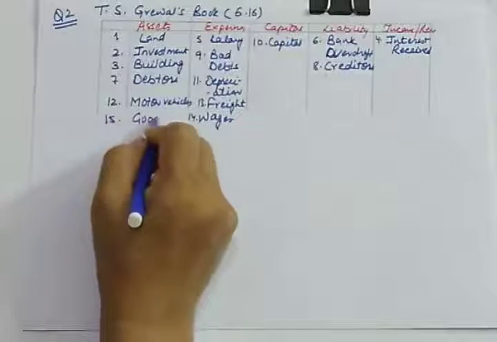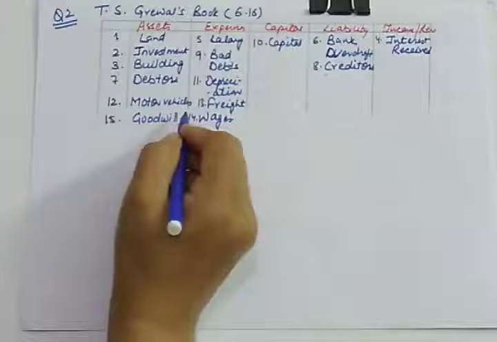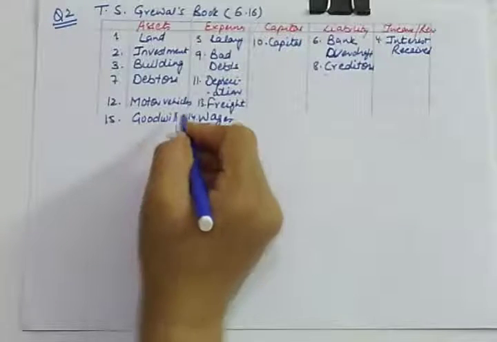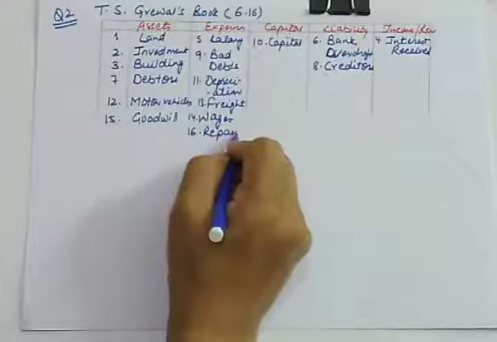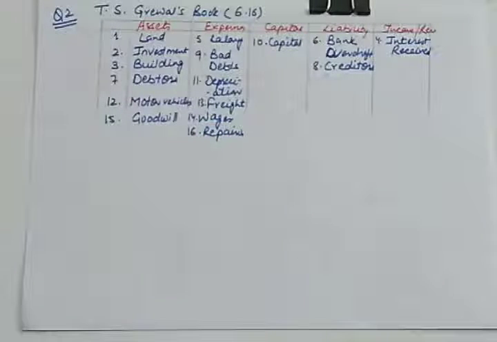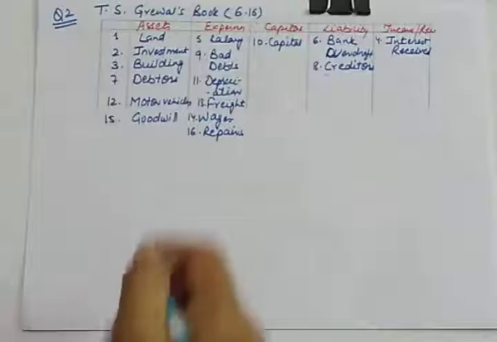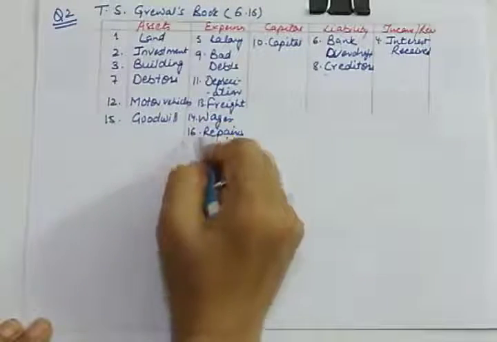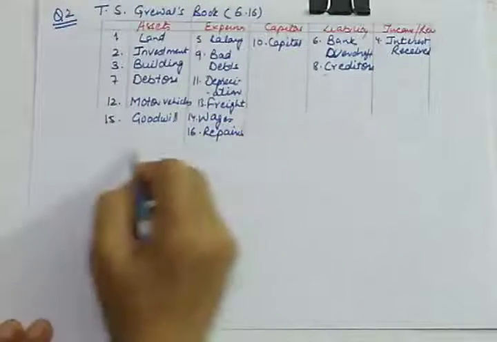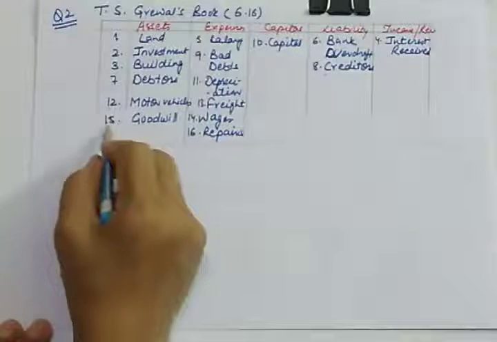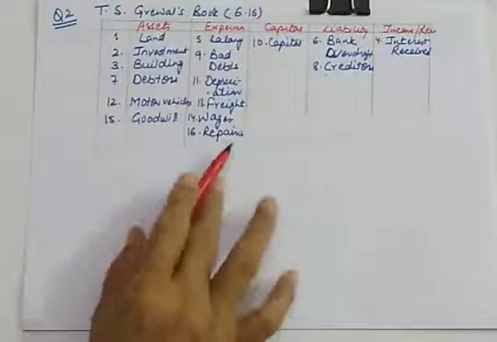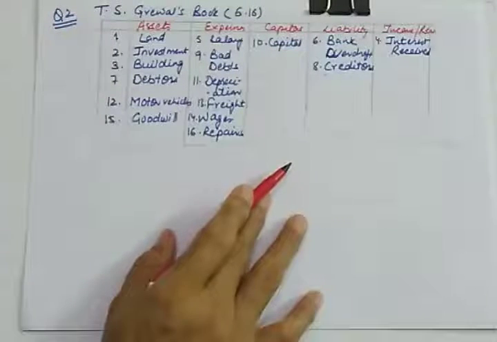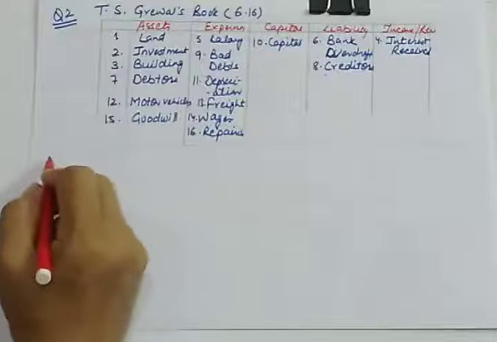Goodwill is your asset. And the last one is repair. So this way you will be able to categorize them. So finally, this is the category. Whenever such a type of question is asked, always try to show the presentation like this.